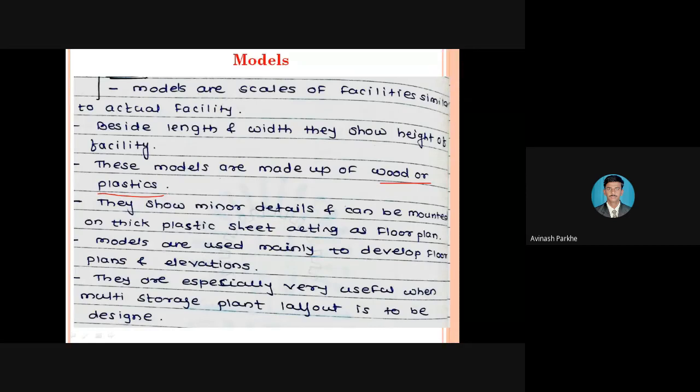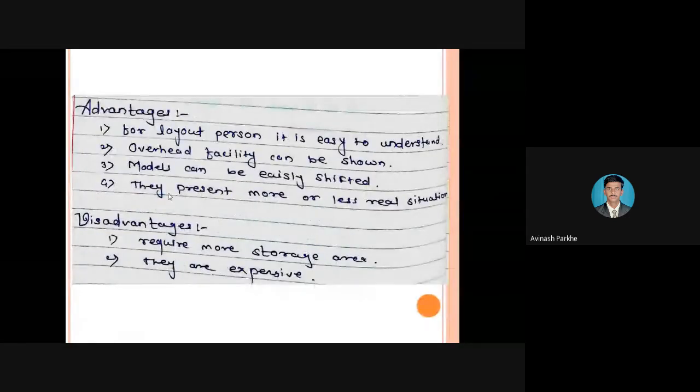Okay. Then advantages. What are the advantages? For the layout person, it is easy to understand. If I prepare that model, through that model I can understand the concept very easily. Overhead facilities can be shown.